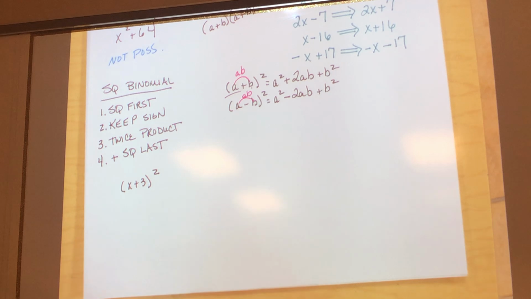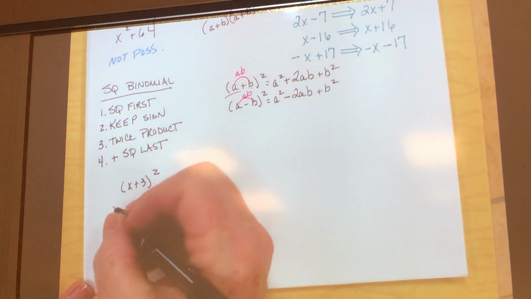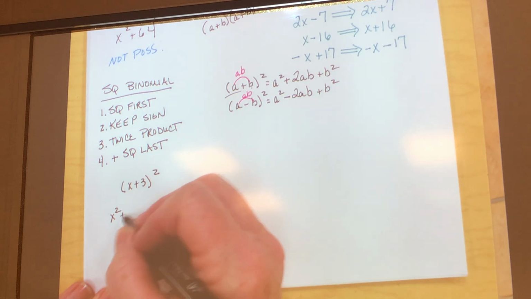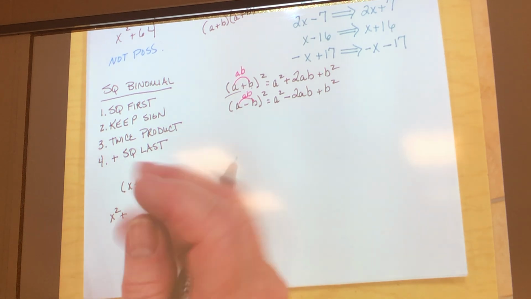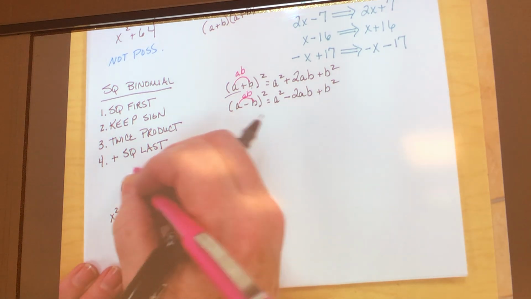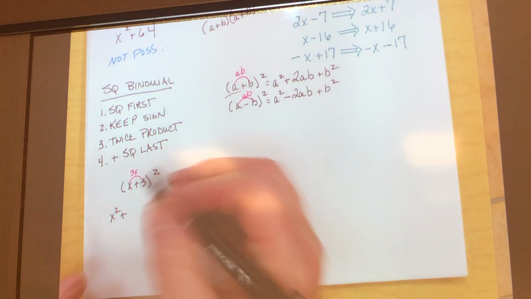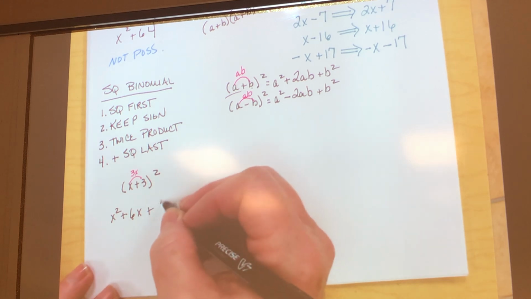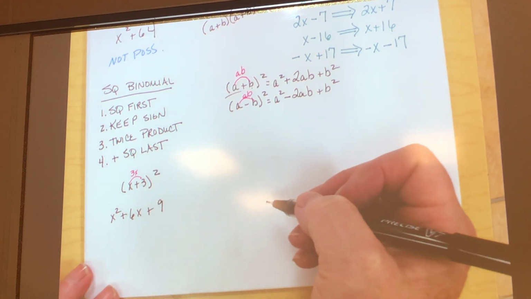Okay, you got it? So, square the first, x squared. Keep the sign, plus. Twice their product. Their product is 3 times x, so twice that would be 6x. Plus square the last, 9. Very good. Anybody got a question?